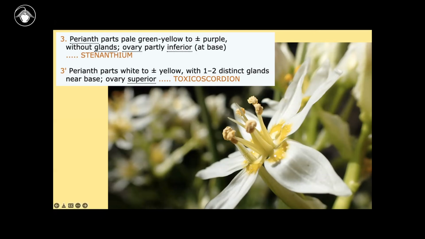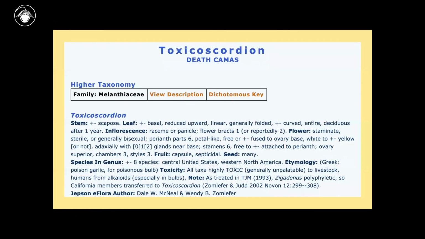You can see the glands very clearly here, and these perianth parts are white to yellow. This brings us to the genus Toxicoscordion. Take a moment to read the description to make sure it agrees with the plant. And also note that members of this genus were treated as Zigadenus in the previous Jepson Manual.